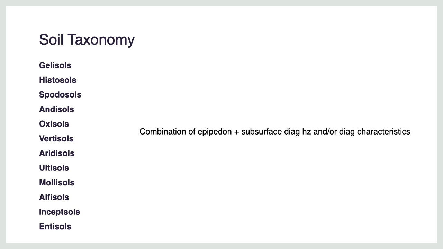To classify a soil at order level, you need to combine the epipedon and the subsurface diagnostic horizon, and in some cases also some diagnostic characteristics. We will see that for some orders the epipedons are not important, the diagnostic characteristics are not so important, but the subsurface diagnostic horizons are. For others, we also need the epipedon, and for others we also need the diagnostic characteristics.